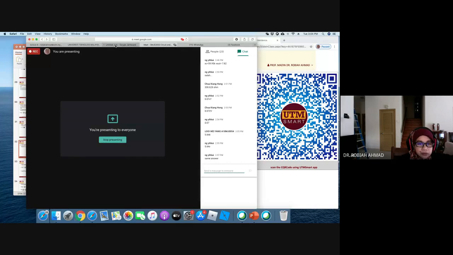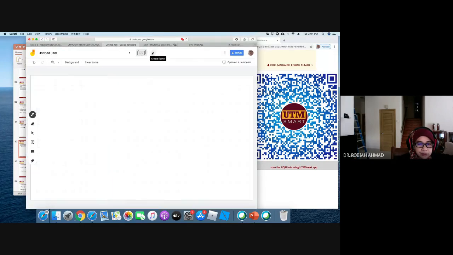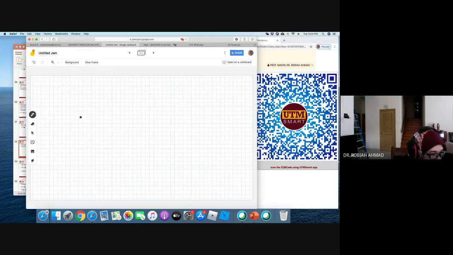Okay, let me redraw that one in our Jamboard. So just now we have the input voltage. And then we have our inductor, 2 Henry.